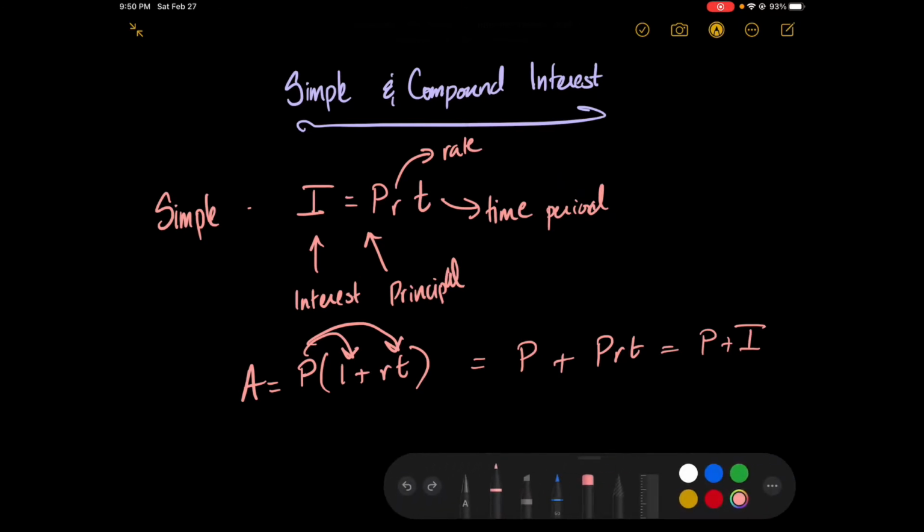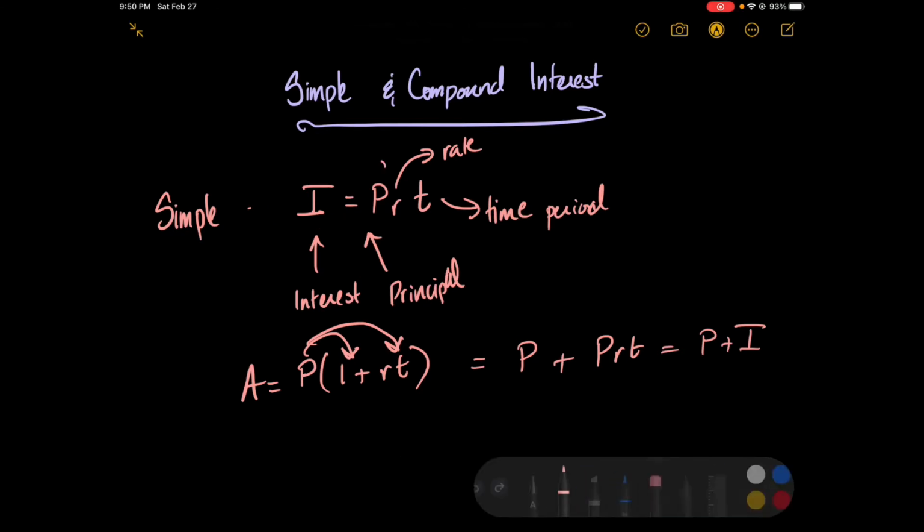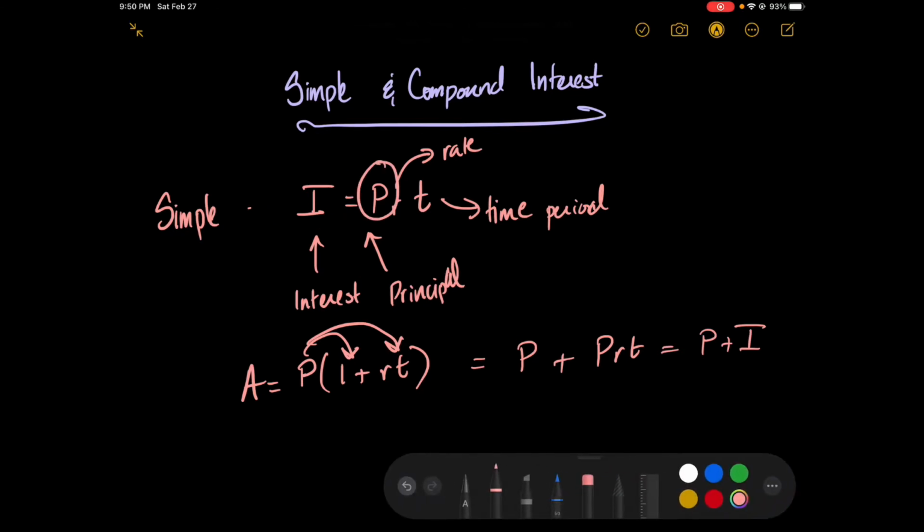So after you gain this much interest, the interest is added on to your principal amount. Principal is the initial value, essentially how much you started off with.